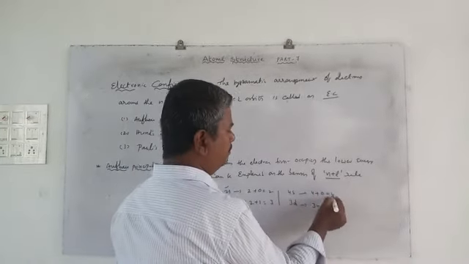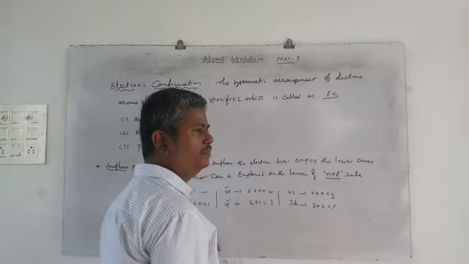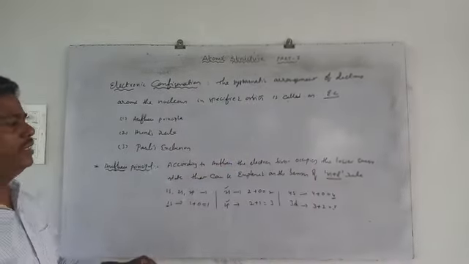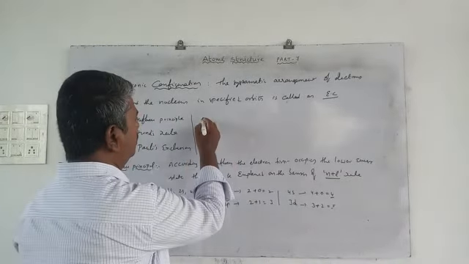So now 4s is filled first, then 3d. Clear?